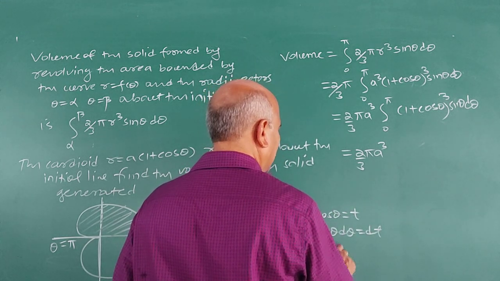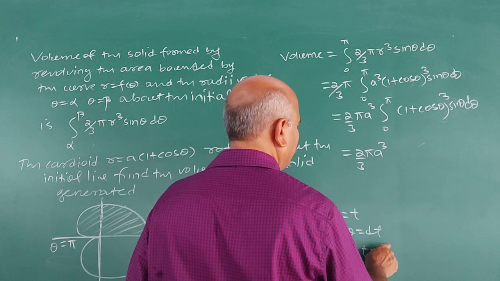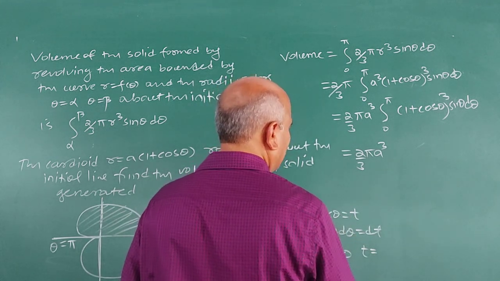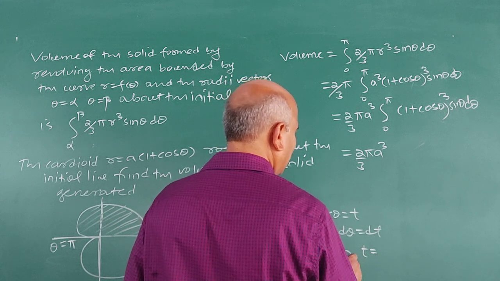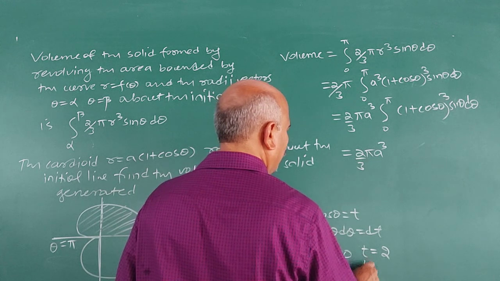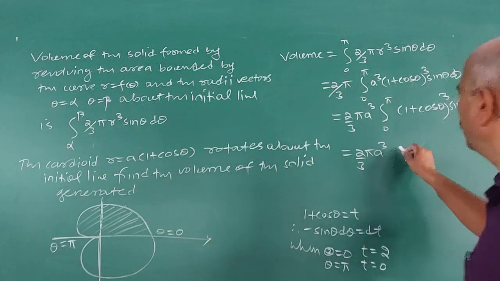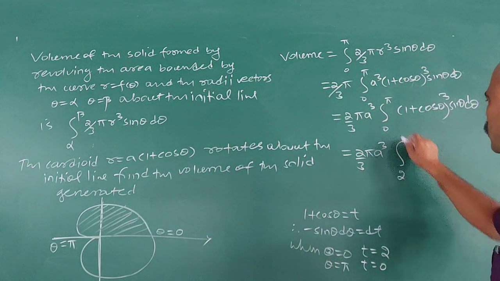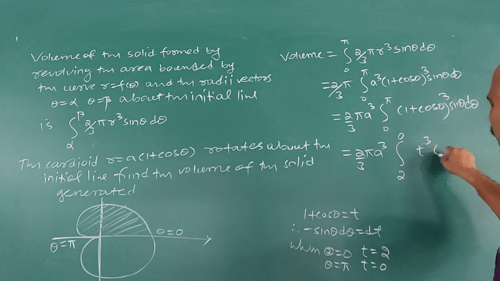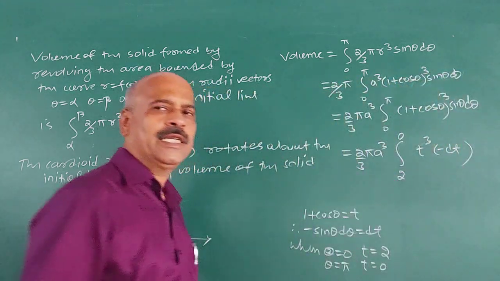When theta is 0, t is 2, since cos 0 is 1. When theta is pi, t is 0, since cos pi is minus 1. So it is 2 to 0, with 1 plus cos theta as t, t cube, and sin theta d theta is minus dt, correct?